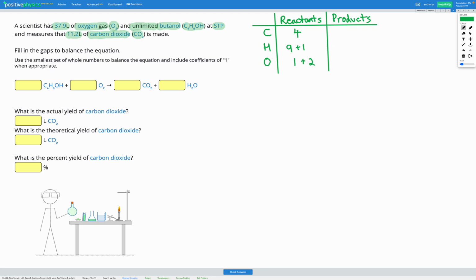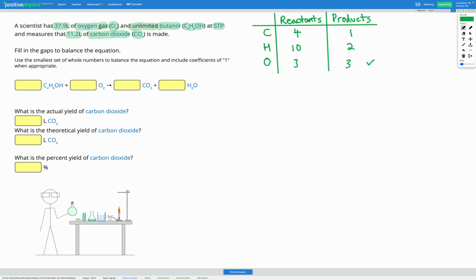So that gives me 10 hydrogens and 3 oxygens in total. Then in our products, we've got CO2, so 1 carbon and 2 oxygens, and H2O, so that's 2 hydrogens plus 1 more oxygen, which is a total of 3 oxygens. So to start with, it looks like our oxygens are balanced, but nothing else is.